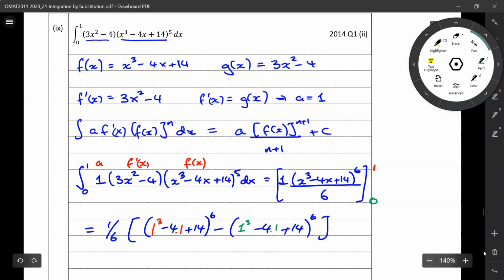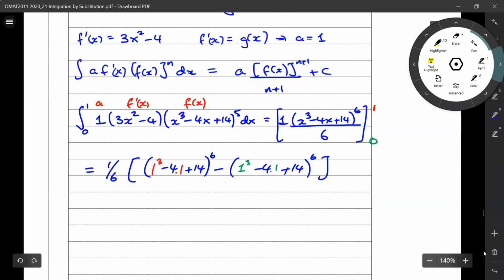So if I then bring that up here so we can continue on, that gives us 1/6 into, so here we have 1 minus 4 is minus 3, plus 14 gives me 11 to the power of 6, and on this side we have 1 cubed is 1, minus 4 is minus 3, plus 14.